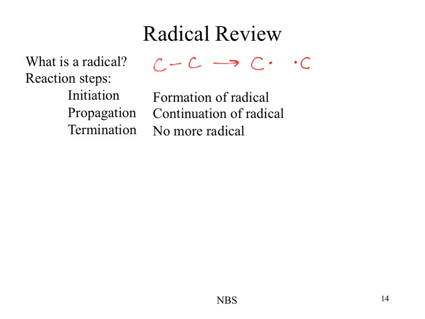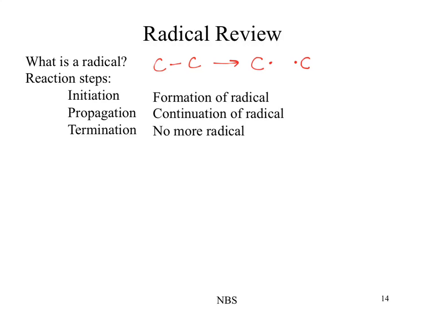Okay? The basics of these that I have seen as far as questions showing up on the ACS test, you need to know what initiation is, propagation, and termination. For an initiation step, it's the formation of the radical. So look at your starting material. Do you see a little dot sitting by itself? If no, you're probably looking at an initiation step. Look to the products. Do you see a radical?